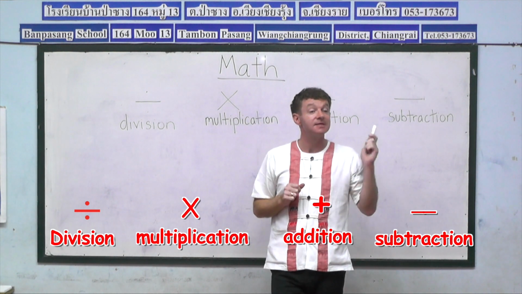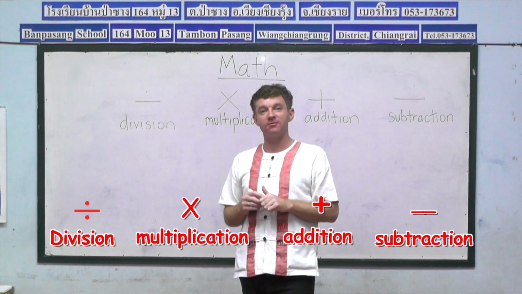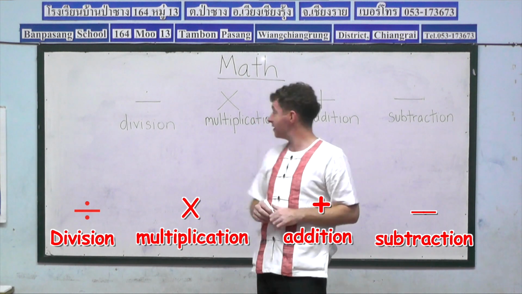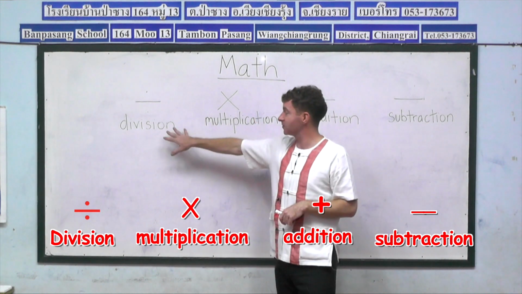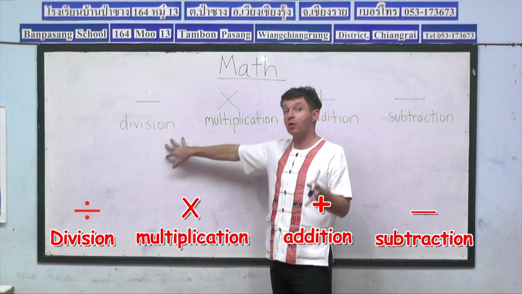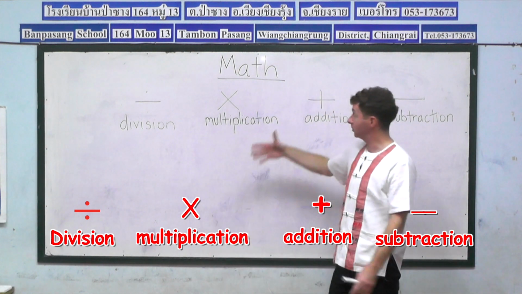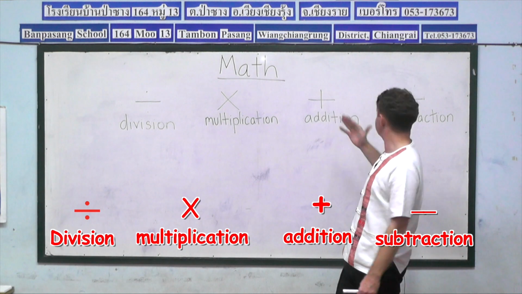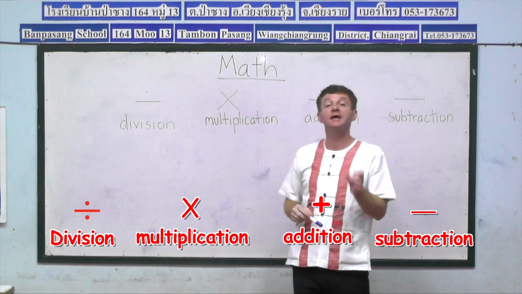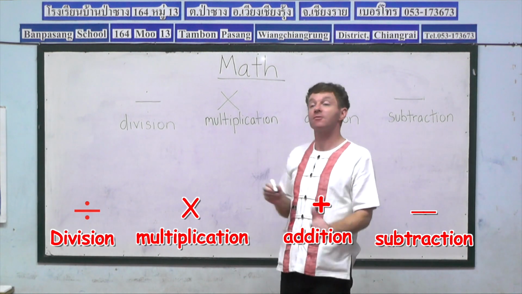Combined operations, that's correct. Whenever we take the division sign and involve it in a calculation with multiplication, addition, or subtraction, it's called a combined operation.